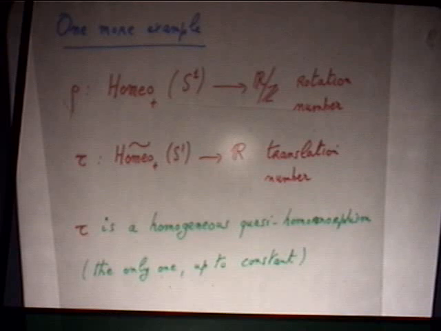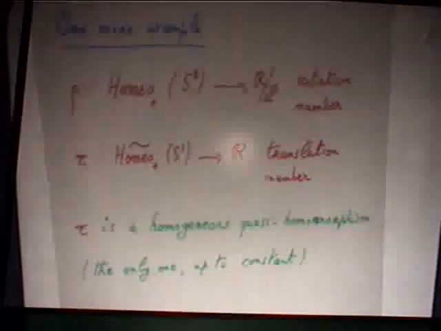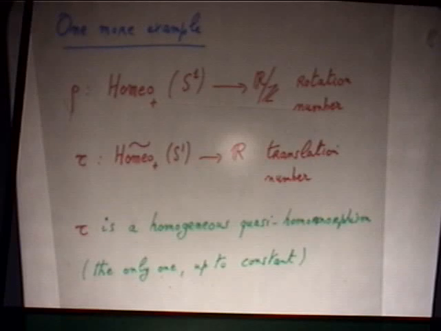The translation number you can define like in many books, taking limits and so on, but forget about it. Translation number is the only quasi-homomorphism defined on homeo tilde of the circle. So this gives an abstract interpretation of translation number.